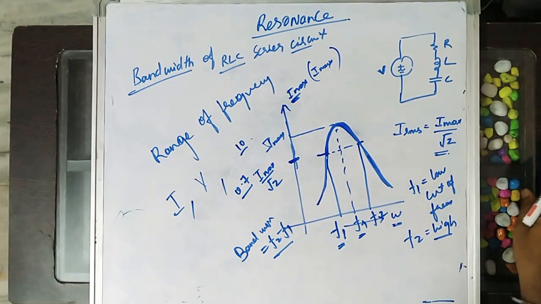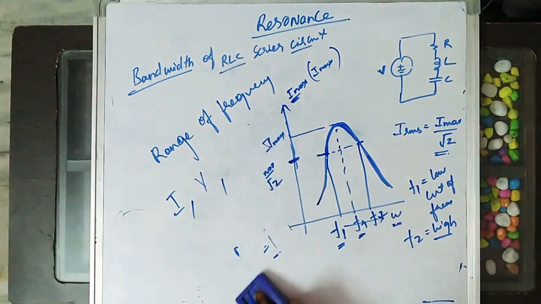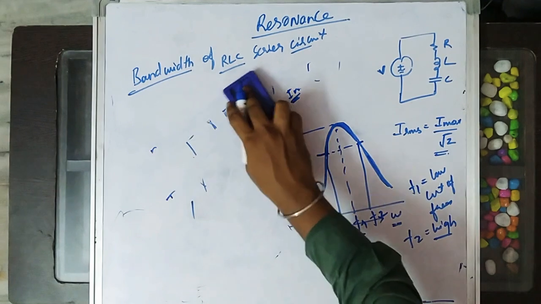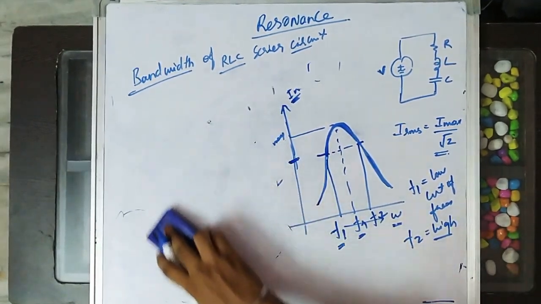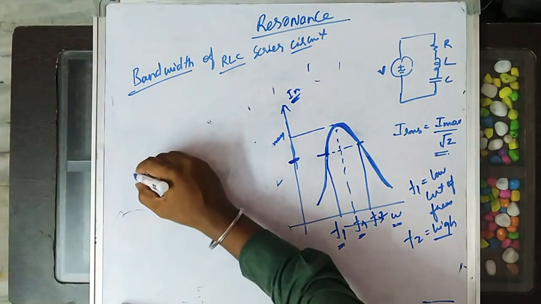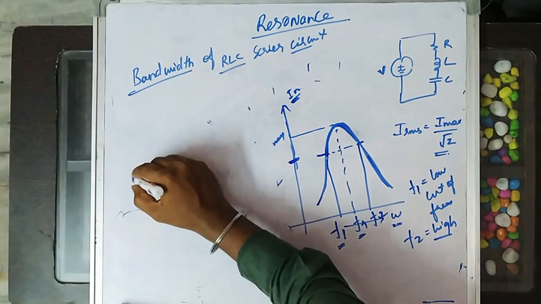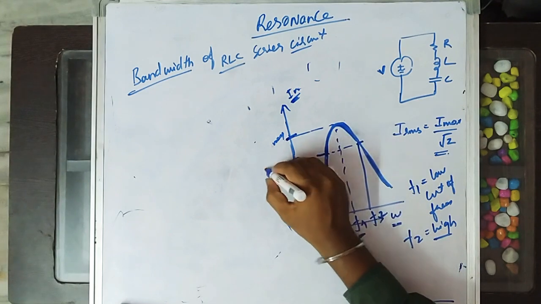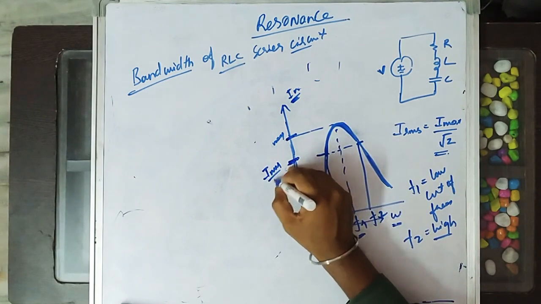So we have another definition. The 70.71% of maximum value we take as bandwidth, and the other definition is that bandwidth is the range between the lower and upper half power frequencies. We are considering Imax by root 2.